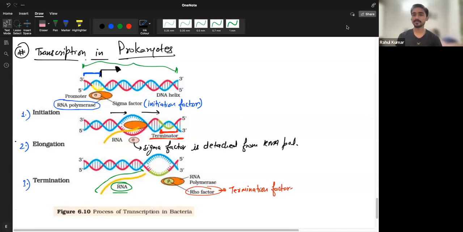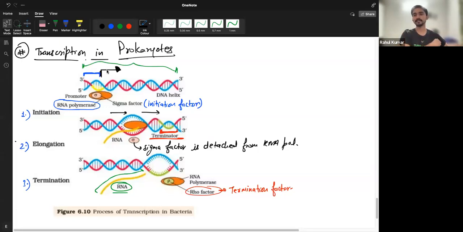So that's how we get to know the rate of these molecules or the work. So is transcription in prokaryotes clear to you? Yes, sir. It was very simple. Sigma factor binds to RNA pol. RNA pol comes and sits at the promoter region.